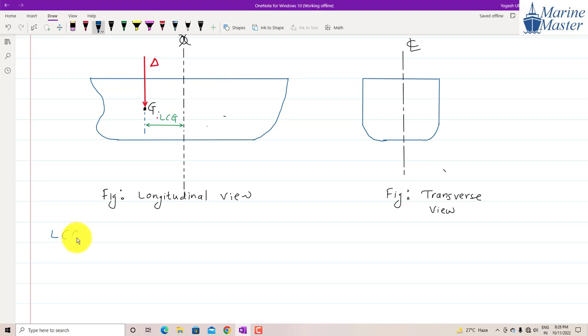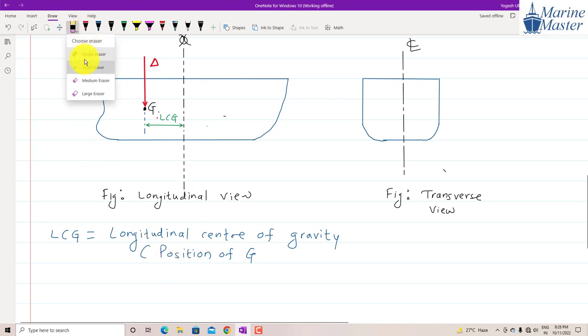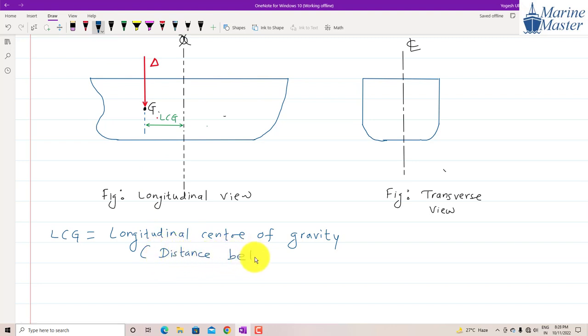LCG means longitudinal center of gravity, and longitudinal center of gravity means the position of G. Or in other words, the distance between G and midship, as measured along the longitudinal direction.